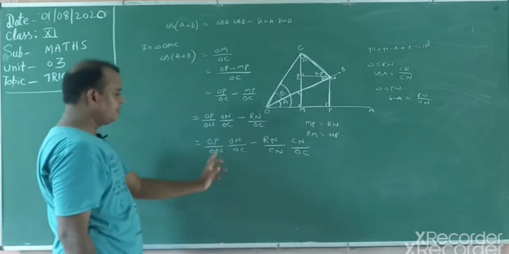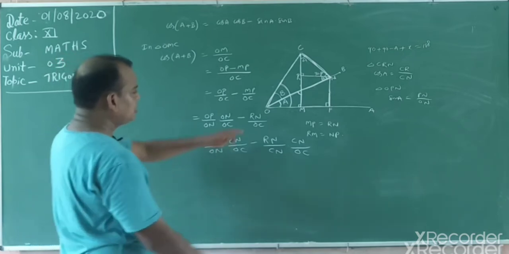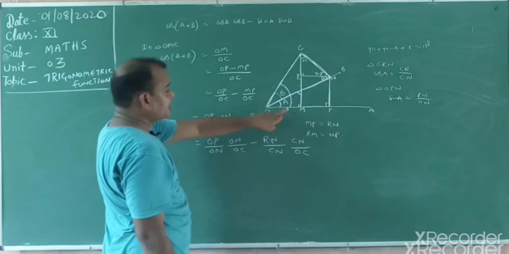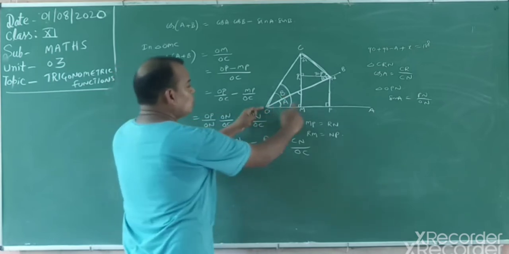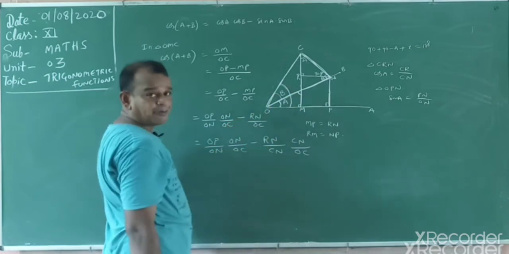We have multiplied and divided. Now observe OP by ON. In the right angle triangle OPN, this is the adjacent side and this is the hypotenuse.